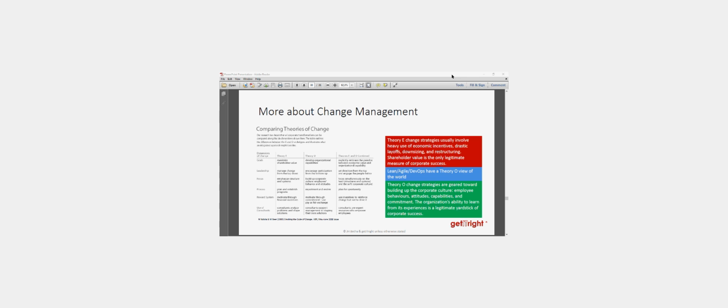Theory O, on the other hand, says, if we want to do things better, we have to invest in the organization, its people, its processes, and its culture, and all of these things. So over time, we know it's going to take time. We're going to learn, we're going to use the expertise and the experience of our people to make it a better place to be. If you talk about lean and agile thinking, that includes DevOps, we subscribe to the theory O view of the work, so the organizational view.